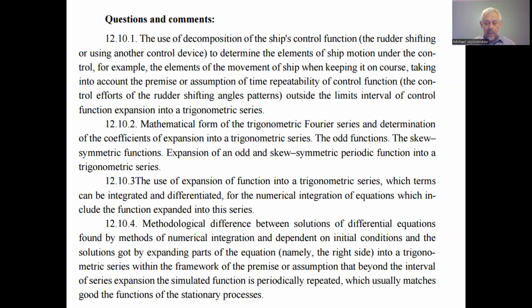Indeed, the control of a ship when it is keeping on a straight course is a stationary process. A stationary process is usually a very long process, not dependent on the initial conditions. The impact of initial conditions is gradually damped due to damping forces or moments, for example.